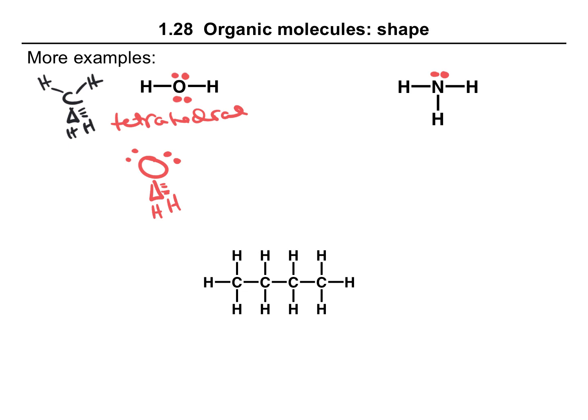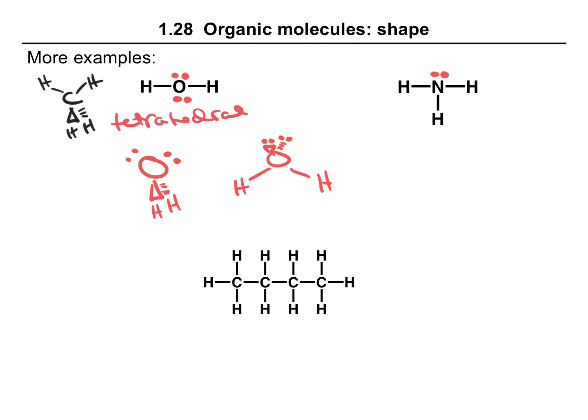Now, another way that we could write this, if we have our hydrogens in the plane, that means that we have our lone pair, one is coming forward and one is going back. This is a little bit harder to draw, so let's just put in an itty bitty wedge with a lone pair going forward and an itty bitty dash with a lone pair going back.